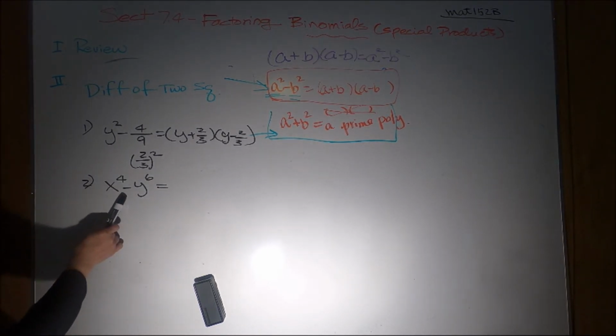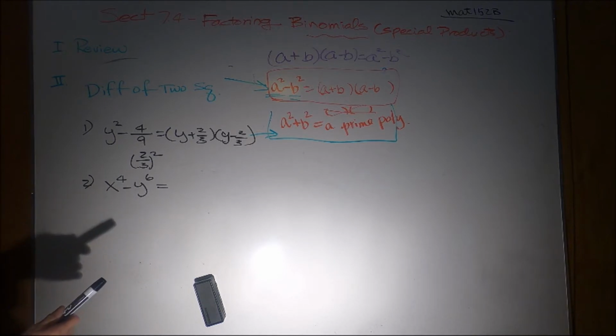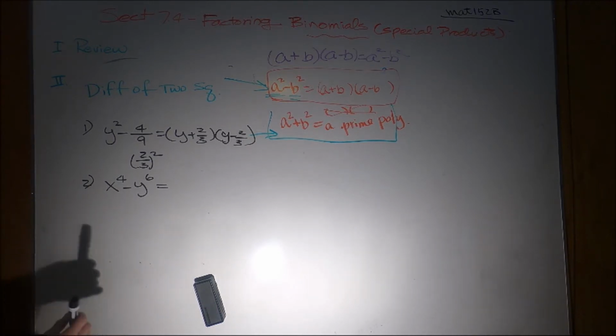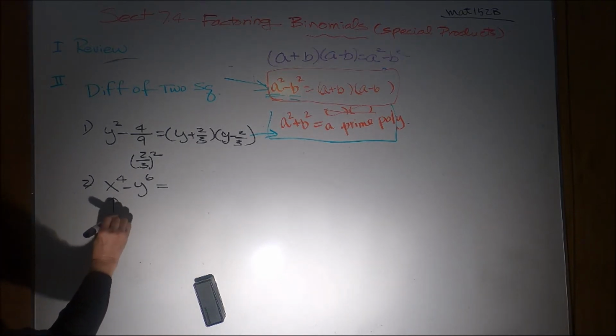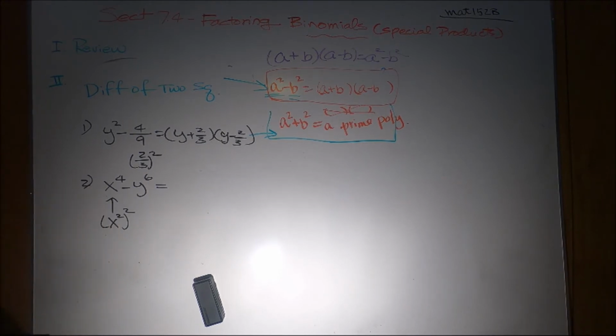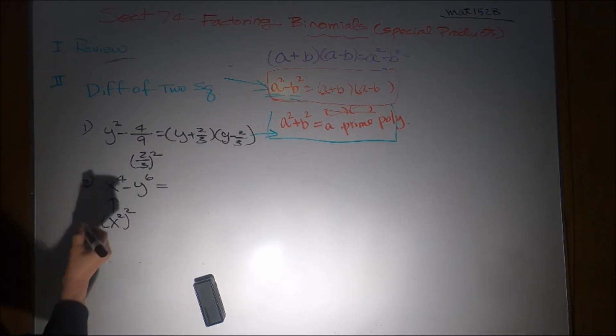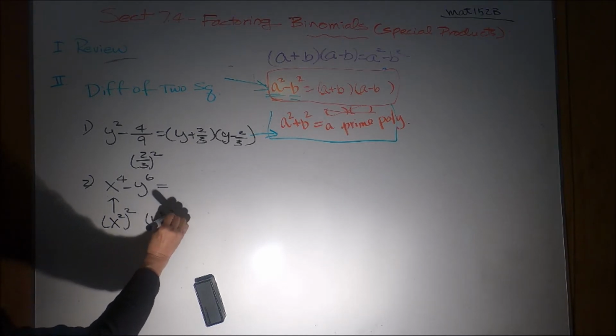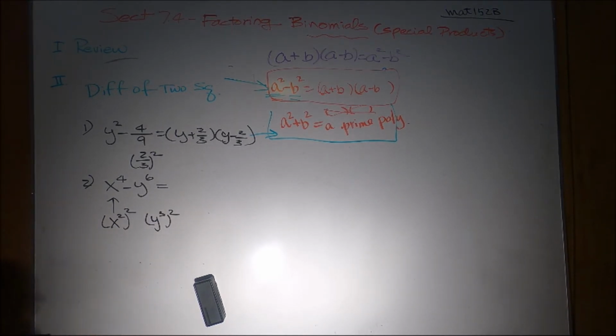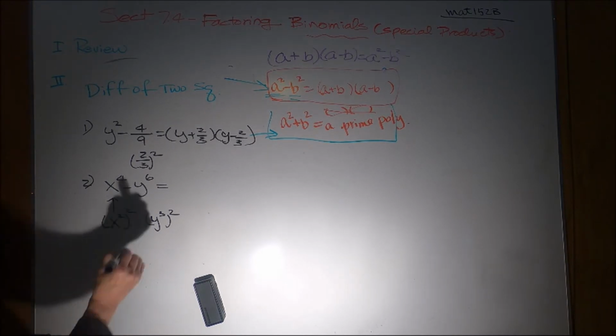We have a difference, right? Do we have a difference of two squares? What do you think? Is x to the fourth a square? Yes, it's x squared, squared, right? Then y to the sixth is what? Y cubed, squared, right? Then what should we have?